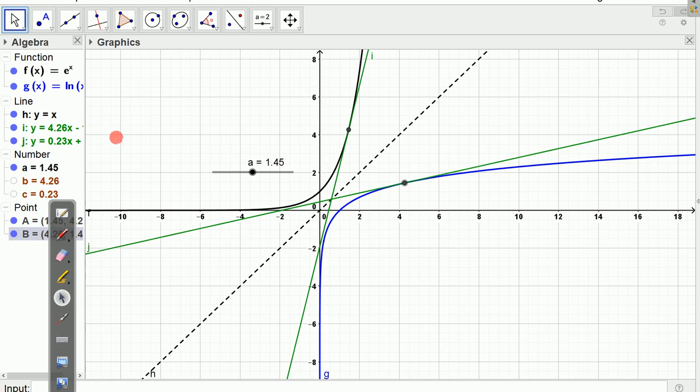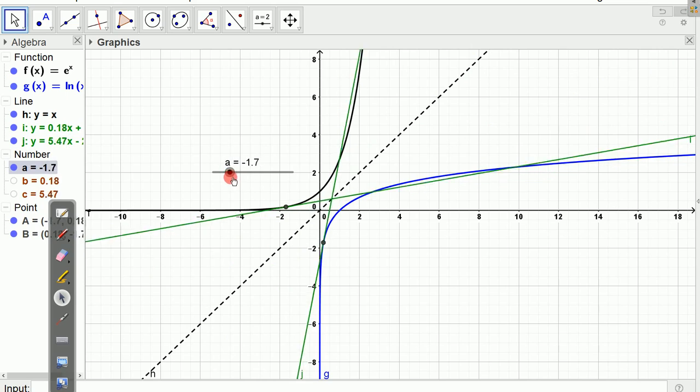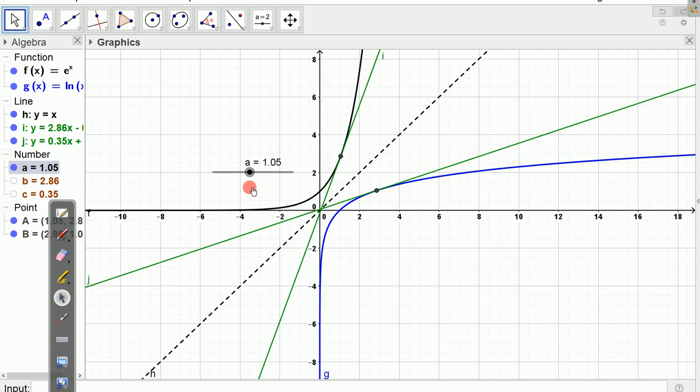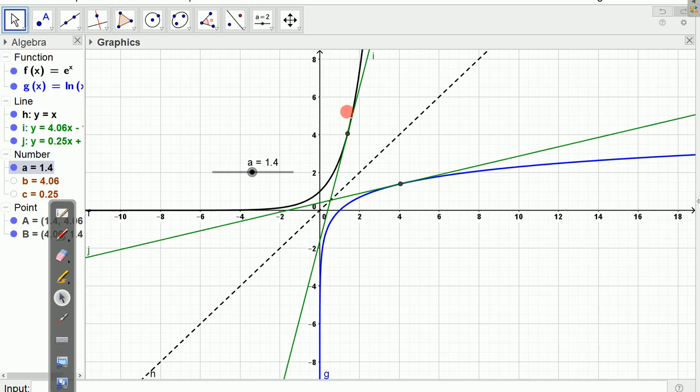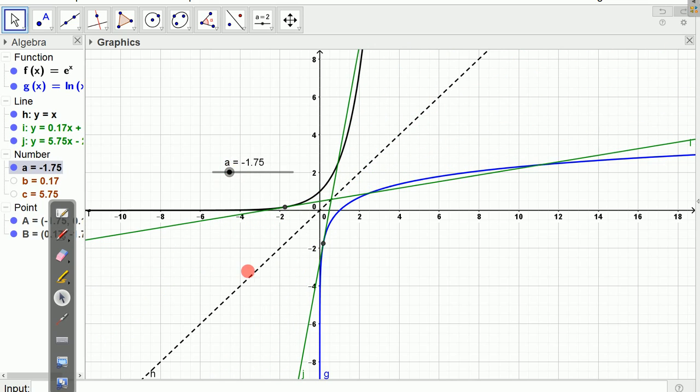So what is true about the slopes of these two lines? So first, just take a look at how they move. Alright, so when this one is really steep, this one is not. And when that relationship flips, this one is now a very small slope, this one is a very big slope, kind of in general.